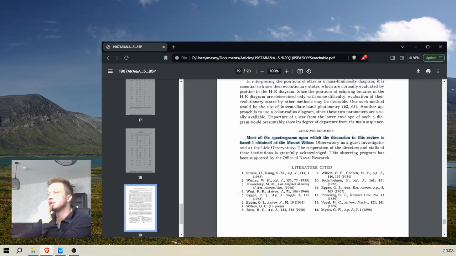Acknowledgements. Most of the spectrograms upon which the discussion in this review is based were obtained at Mount Wilson Observatory as a guest investigator and at Lick Observatory. Okay, it's just observatory support.